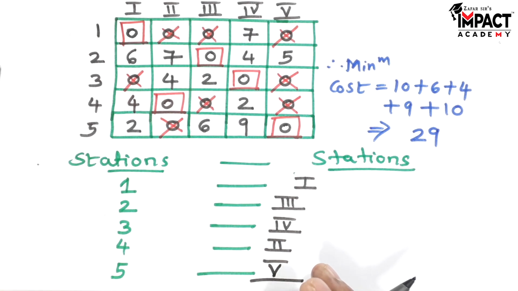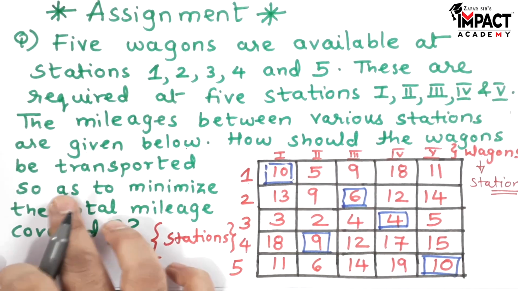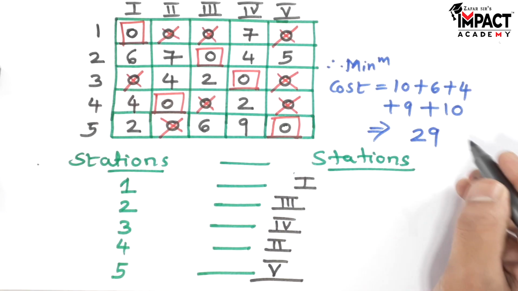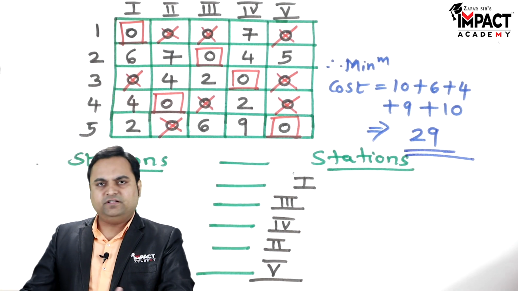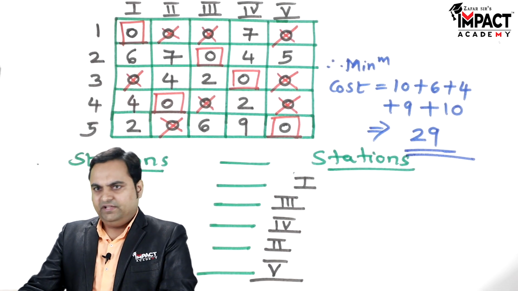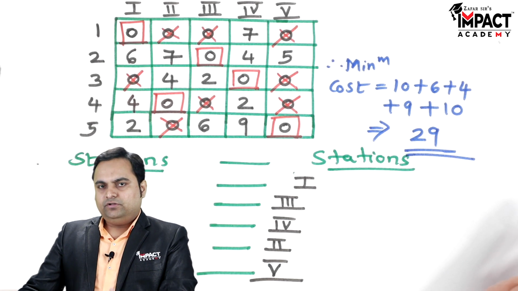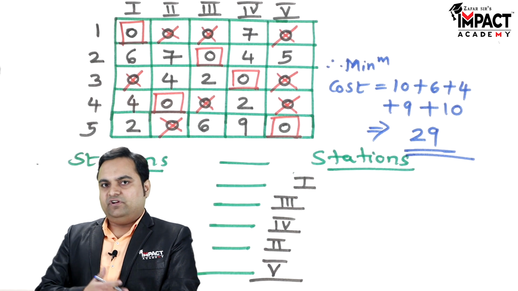Now these were given in the form of mileages between various stations. How should the wagons be transported so as to minimize the total mileage? So this will be the minimum cost. It may be in terms of rupees or any other currency. It means if we are reducing the mileage, we are reducing the overall cost of transferring the wagons from one station to another.